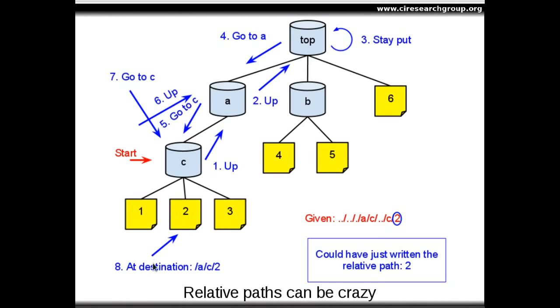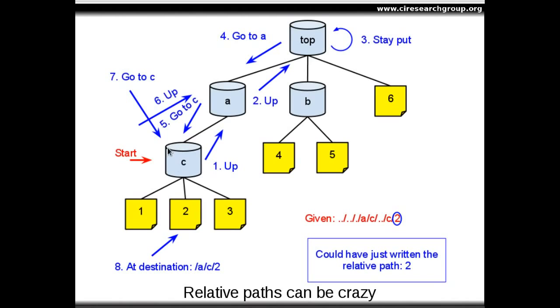We can write the absolute path to this final destination where we ended up by writing /A/C/2. That would be the set of instructions to get us from the root directory to that file.